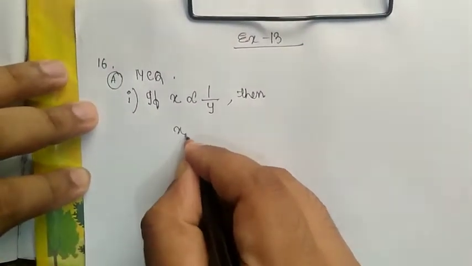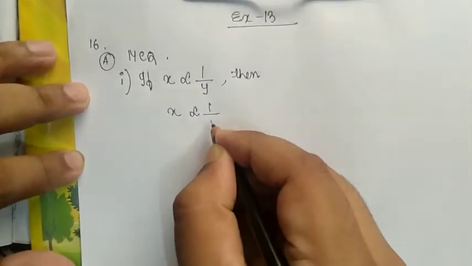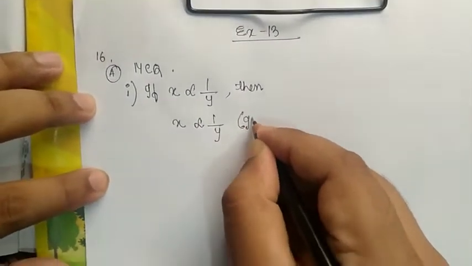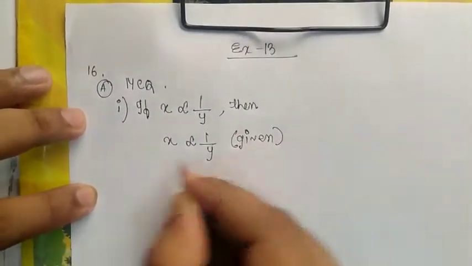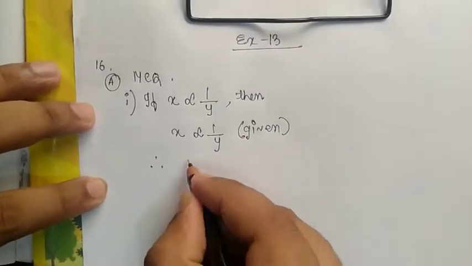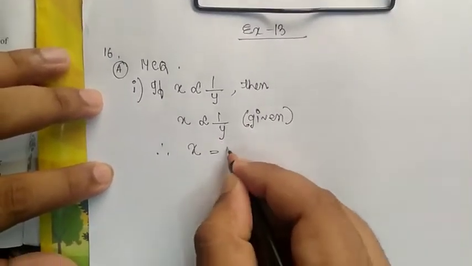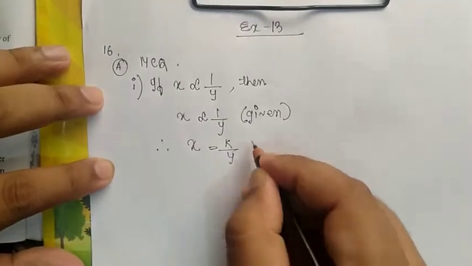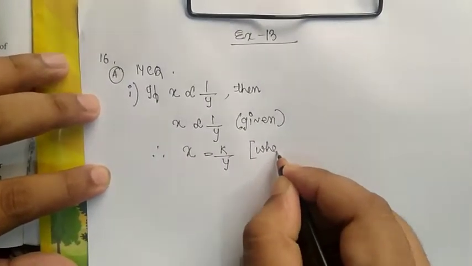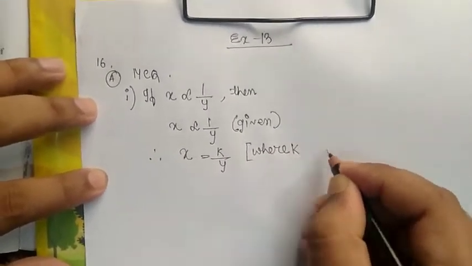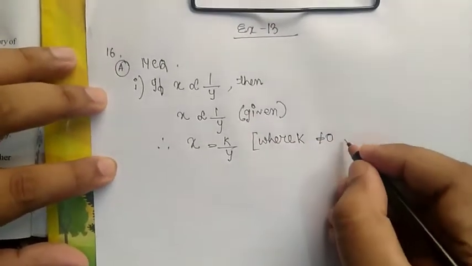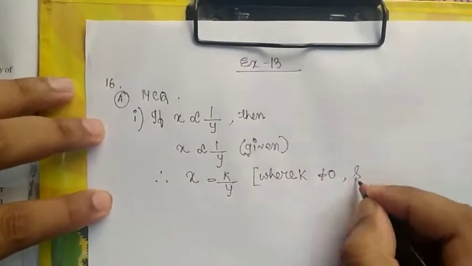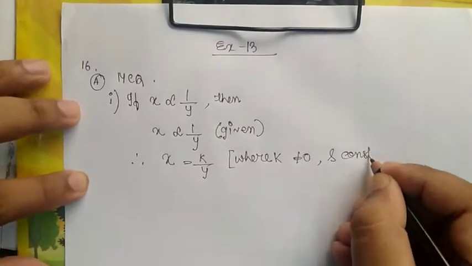Therefore this is given. Therefore we can say that x equal to k by y, where k not equal to 0 and constant variation.